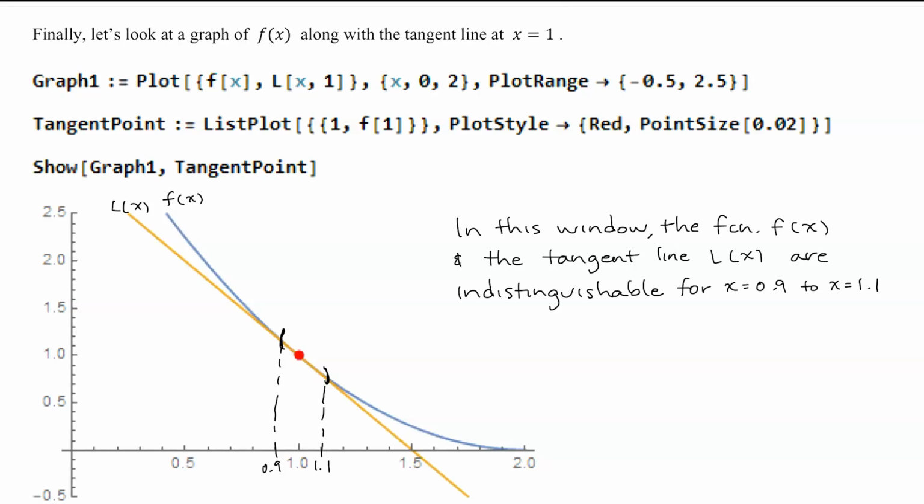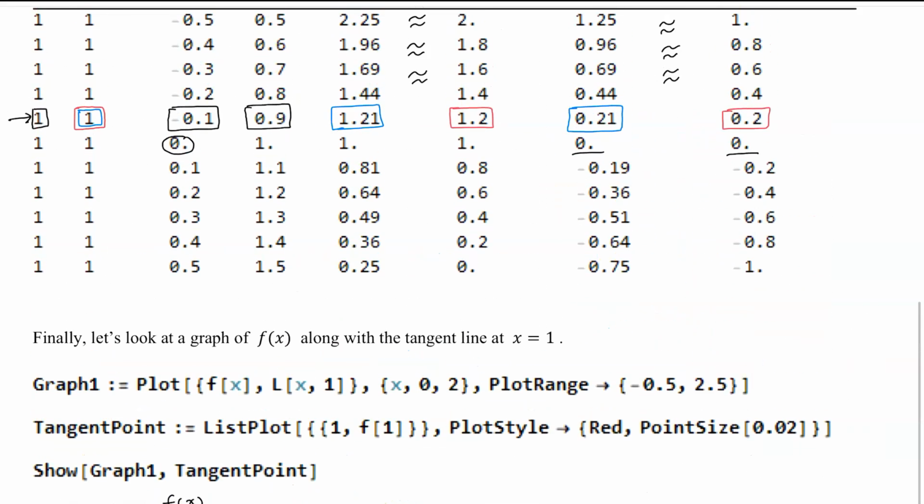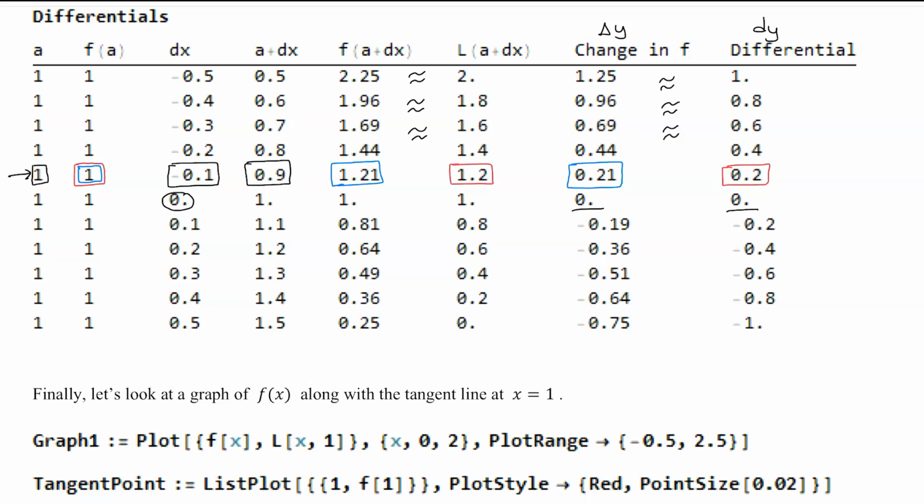For x equal 0.9 up to x equal 1.1, right? If I change my window settings, I could change that x window, and where the overlap would appear might look different.